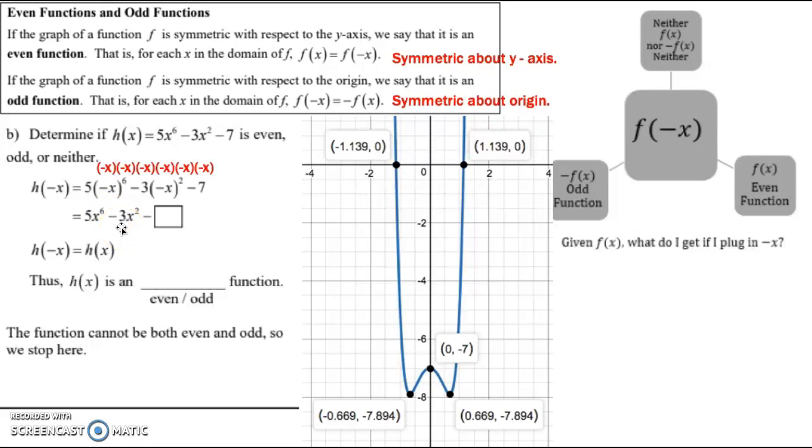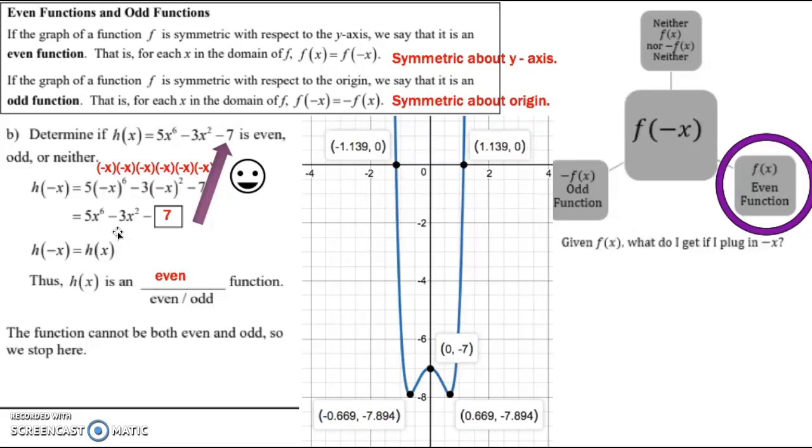Negative x times negative x is positive x squared, multiplied by negative 3 would give me negative 3x squared, and then minus 7. I see that that matches identically to where we started. And since that happens, we ended up back where we began with the function itself. I know that the function is in fact an even function.